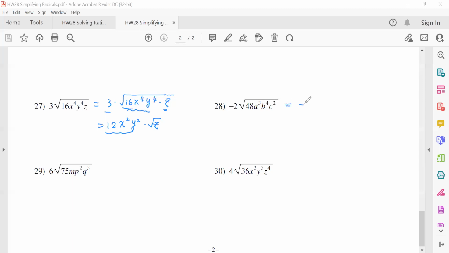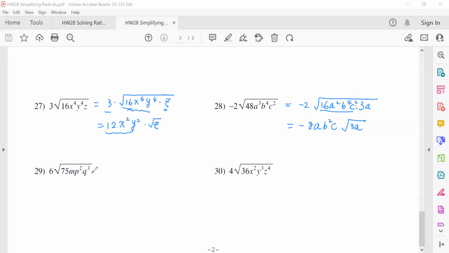Right, do a little bit further here for this part. Here it became 16. So 48 will break into 16 times 3, all right? So here is a squared, a left here, b to the power 4, and c squared. So this part we can take out from under the square. So here it became 4, 2 times 4 became -8 a b squared c, right? And left inside is 3a.